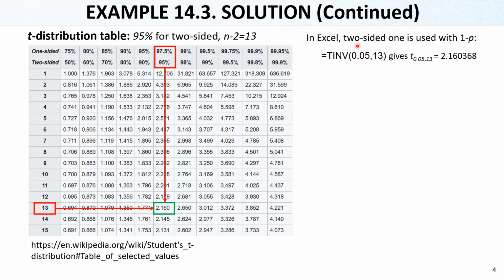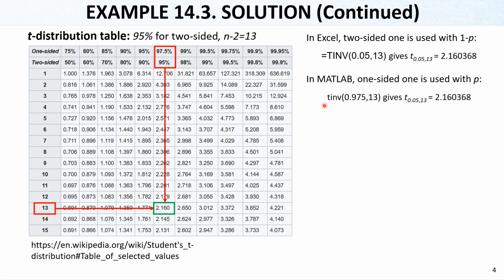This is the alpha value, the significance value basically. And Excel uses that along with the n-2 value, 13. When you write this T inverse function with these values, it gives us the T distribution value for a significance level of 0.05 for n-2 of 13. And the result is the same, 2.16, as you can see. Of course, this table didn't show further digits after the 3, but here you can see more digits in Excel.